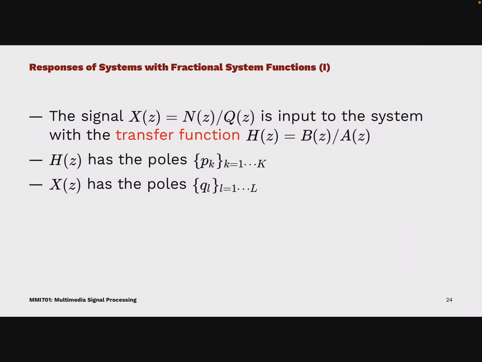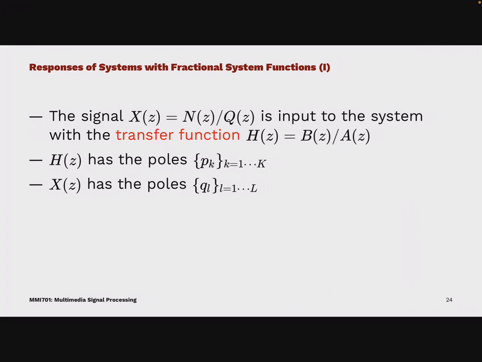And let's say h of z has the poles p sub k for all k from 1 to capital K, and x of z has the poles q sub l for all l from 1 to capital L. So we have K poles for the system and L poles for the signal that we input to that.